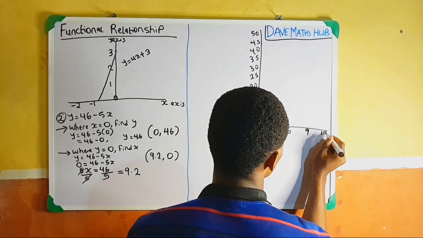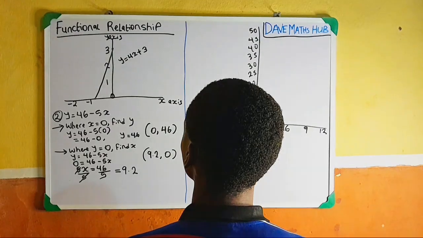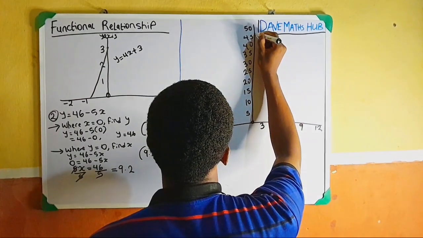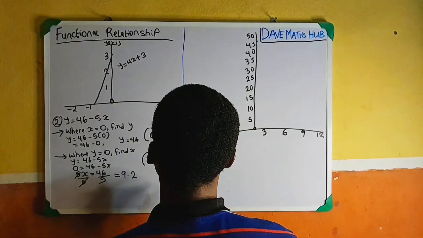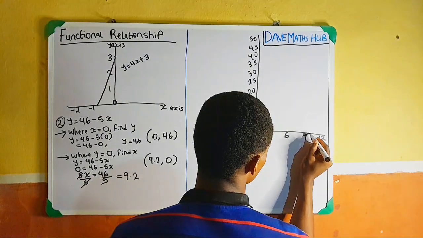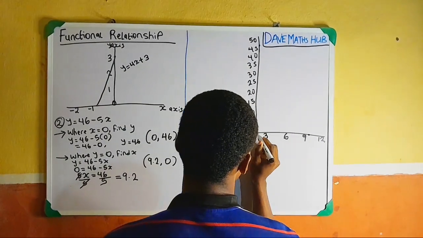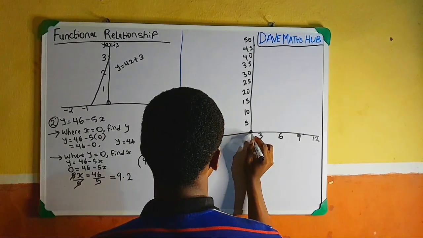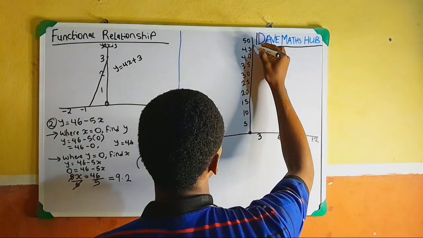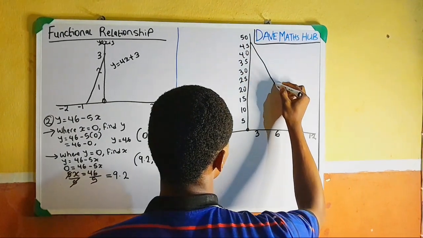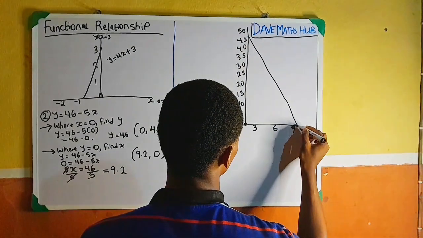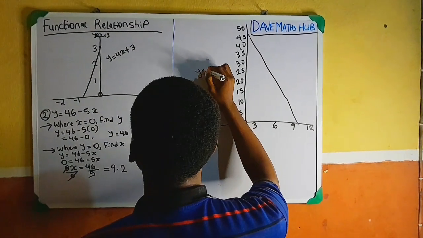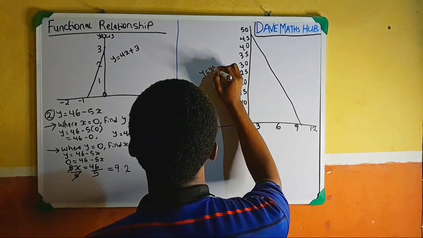Here can be 12. So when x is 0, y becomes 46. It's here. Then when x is 9.2, y becomes 0. Then we trace them to each other, which gives us y equals 46 minus 5x.